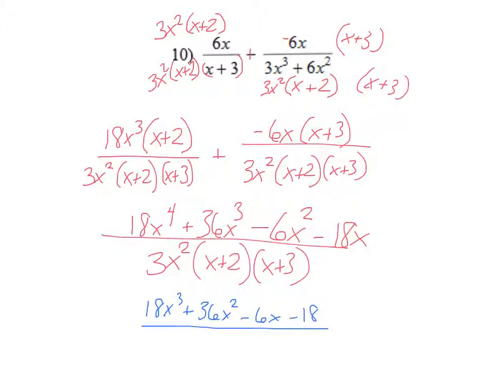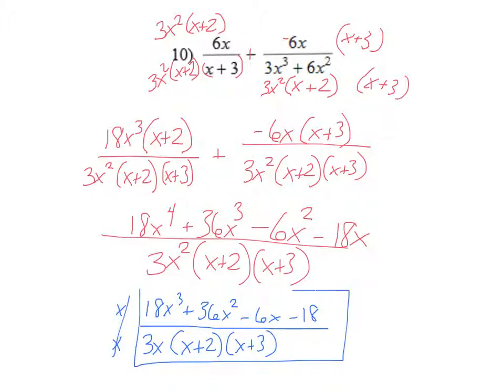And so I'd have this x out in front. On the bottom, the x that's reducing with is this x squared right here. If I pulled one of those over there, I'd still have a 3x sitting here, and I'd have my x plus 2 and my x plus 3. These x's are going to cancel, and so I'm left with this right here.